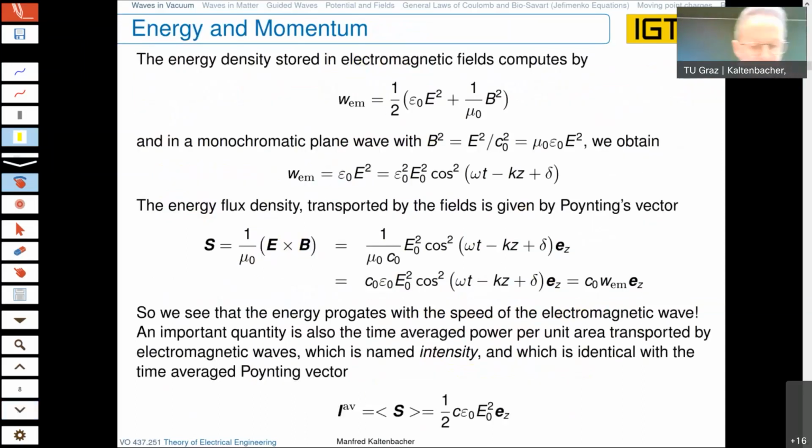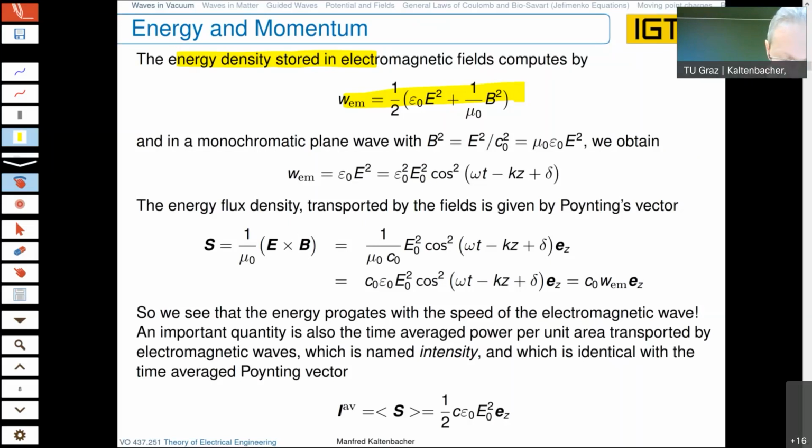Okay, now let's have a look at the energy we have there. So we know the electromagnetic energy stored in this electromagnetic field due to this wave is one half of epsilon naught, the permittivity, times the electric field squared, plus one over the permeability in vacuum times B squared.